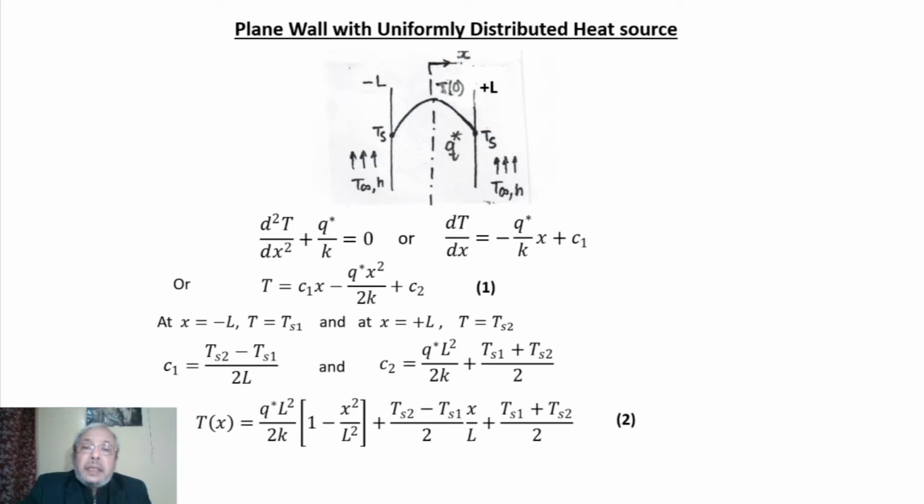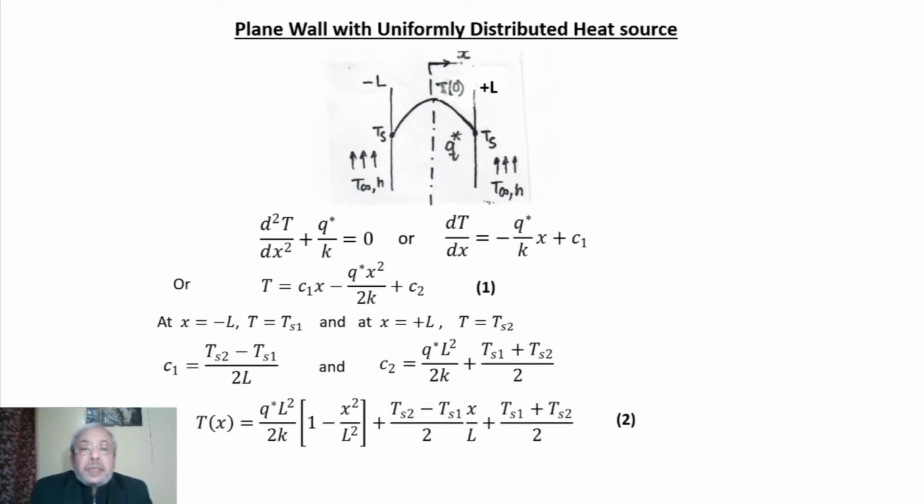At x equal to positive L, the local ambience is such that its temperature is T infinity and the film heat transfer coefficient is h. Similarly, at x equal to minus L also, the local ambience has temperature T infinity and the film heat transfer coefficient is h.